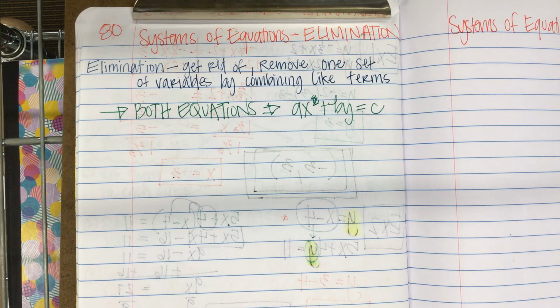If they're not in standard form, it's probably easier to substitute. If they're both in slope-intercept form, it's easier to substitute or graph, right? So there are kind of like paths that you can take depending on what the problems look like. But we're going to do an easy type of problem.